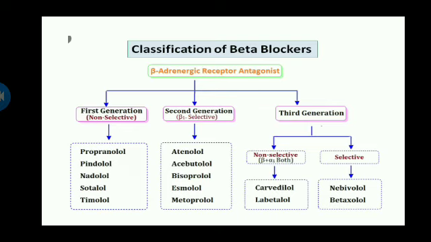Second generation drugs such as atenolol, acebutolol, bisoprolol, esmolol, metoprolol. Third generation drugs are subdivided into two types. One is non-selective, that means alpha 1 and beta blockers such as carvedilol, labetalol. Selective drugs are nebivolol, betaxolol. These drugs come under the third generation category.